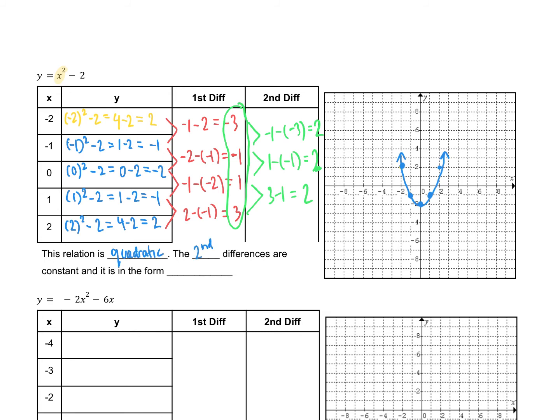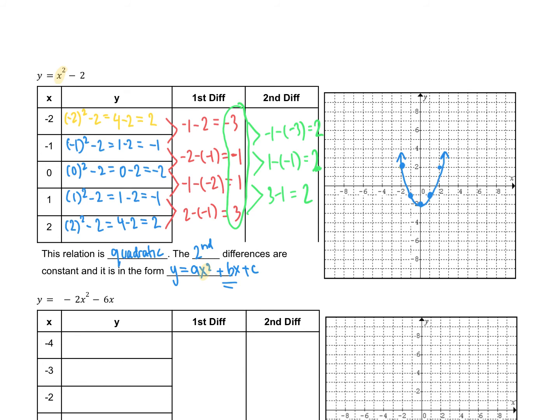The second differences are constant, and it is in the form y equals ax squared plus bx plus c. So that is just the standard form for a quadratic. We are missing that bx part because there's no x term there. But the fact that you have an x squared, that tells you everything you need to know.